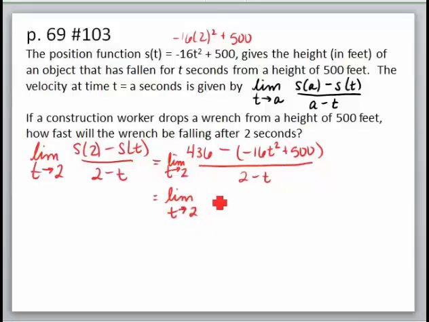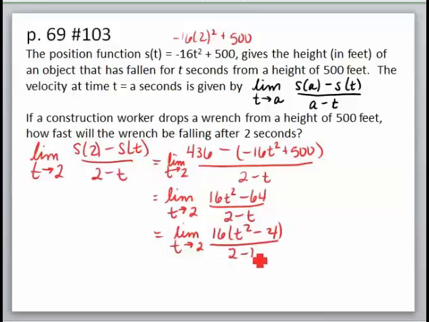When I simplify this, I get a positive 16t squared. I get a negative 64 over 2 minus t. And then what I'm going to do is factor out my 16, and I'm left with t squared minus 4 all over 2 minus t.